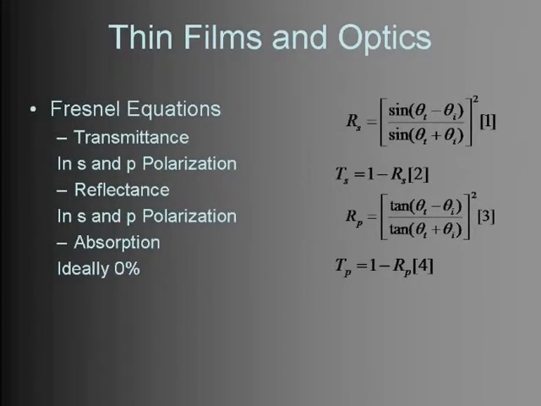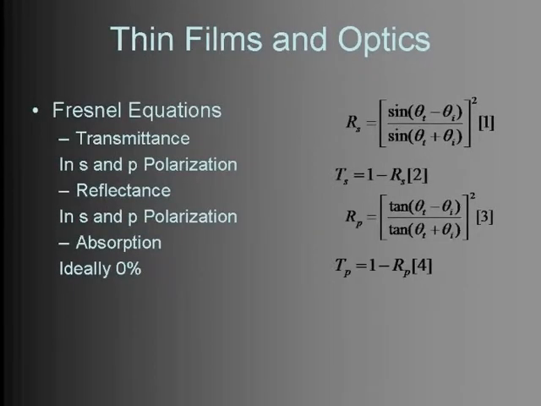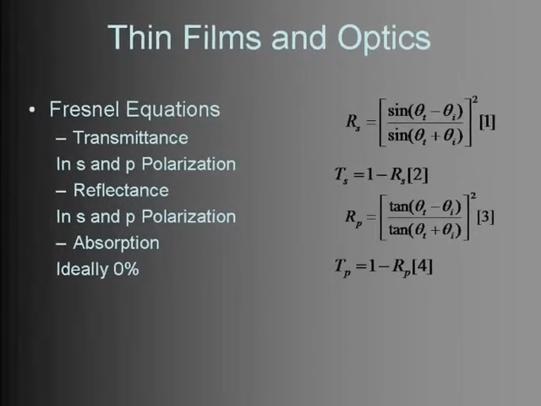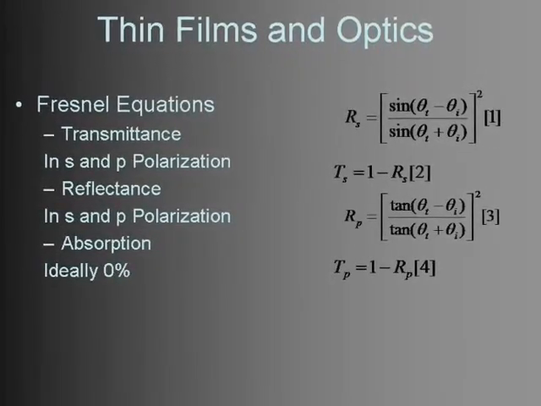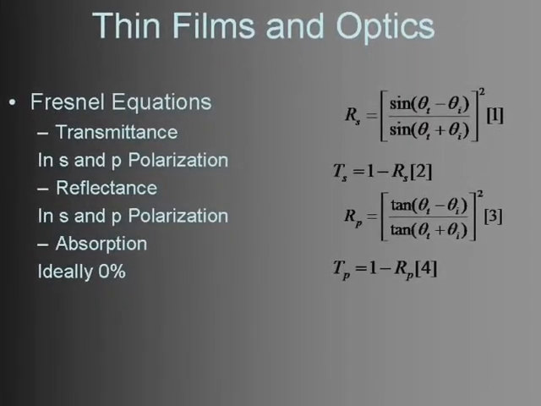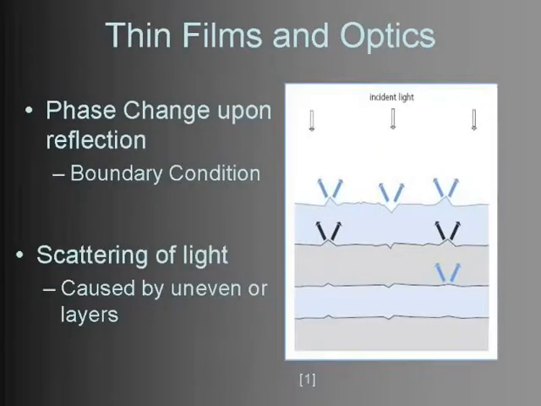As you can see, the transmittance of the S plane and P plane are the complements of the reflectance of each of those particular planes. In an ideal medium, there would be no absorption whatsoever. Thin films, since they're really thin, can get away with that pretty easily.